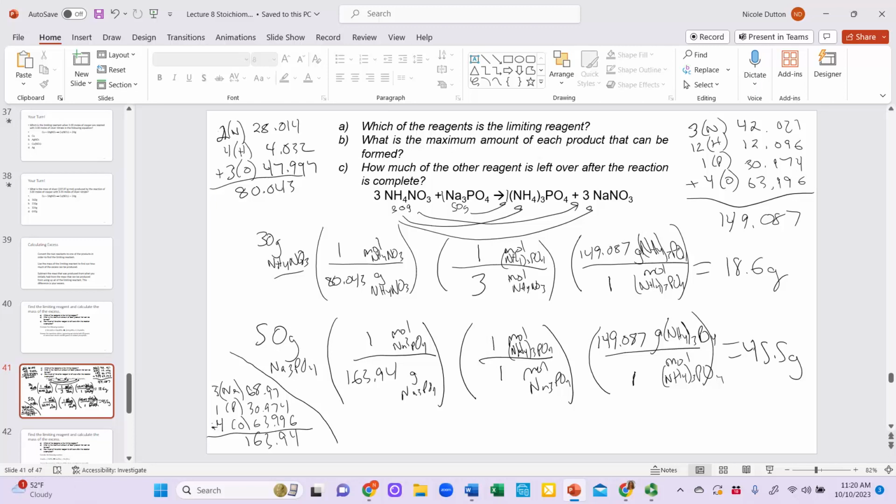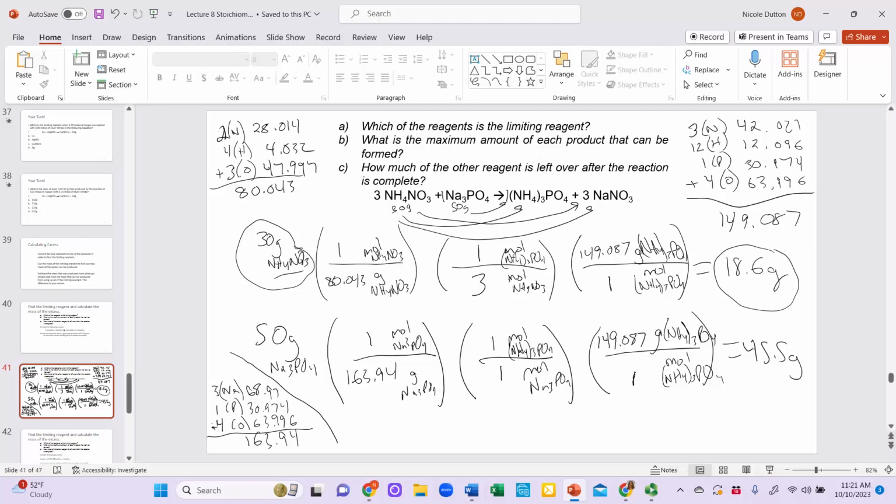So now we know that this is the maximum theoretical yield produced by this mass of NH4NO3. So now we know that we have excess Na3PO4. There's a couple different ways we can do this.